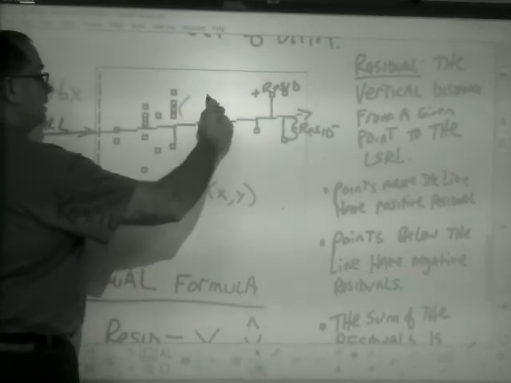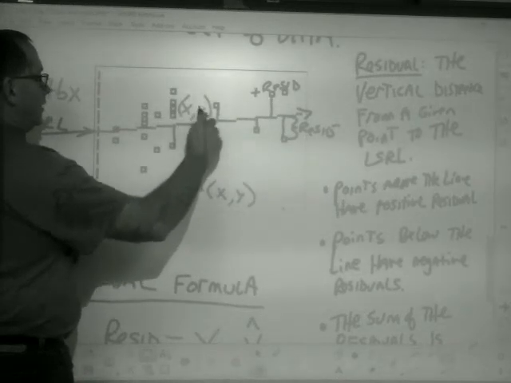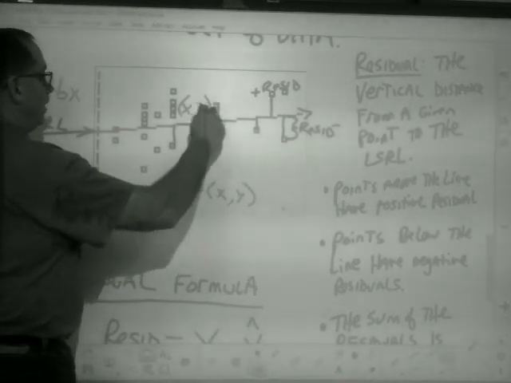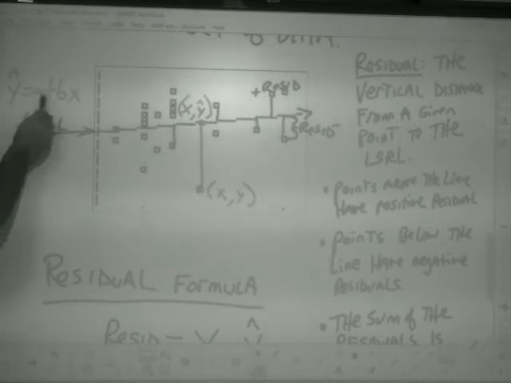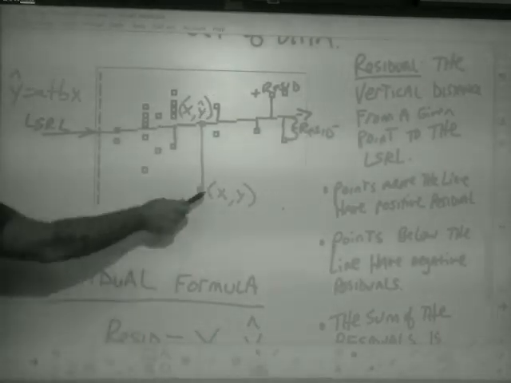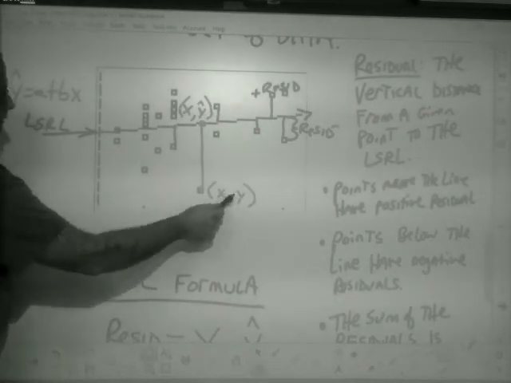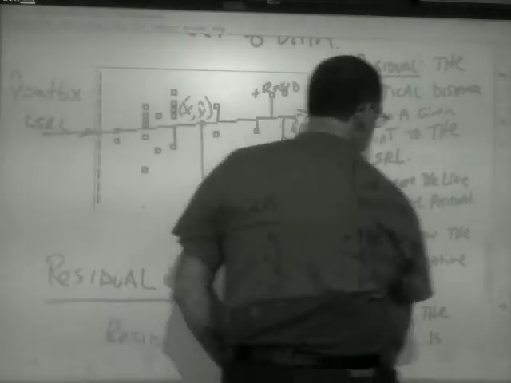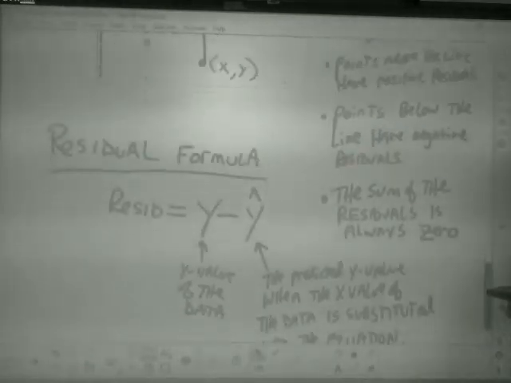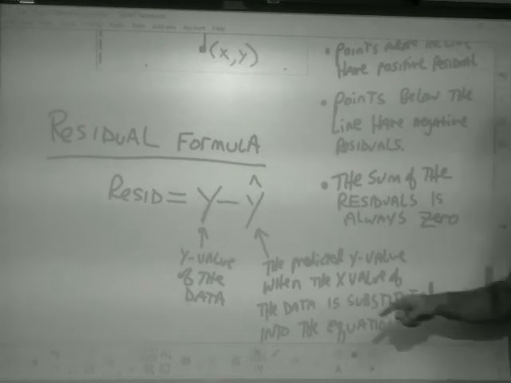Up here, the x coordinate is still x, but the y coordinate would be whatever you get after you plug x in and get out a y hat value. The residual is the difference between this y hat value and this y value. So the residual is the y value from the data minus what you get after you plug x in.